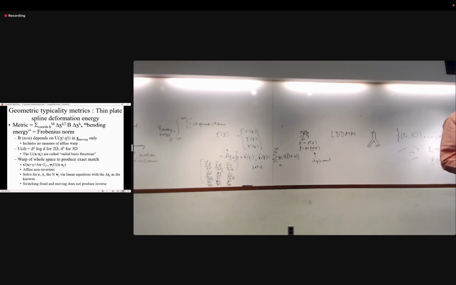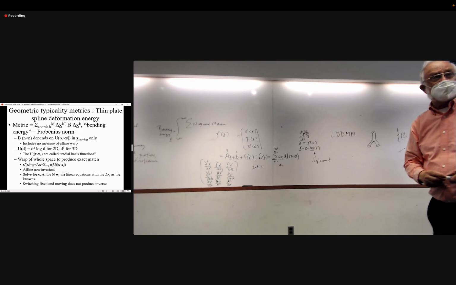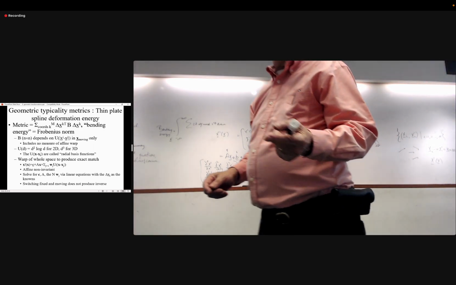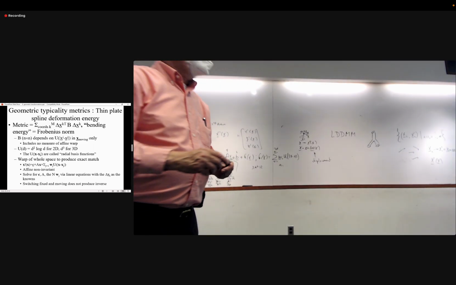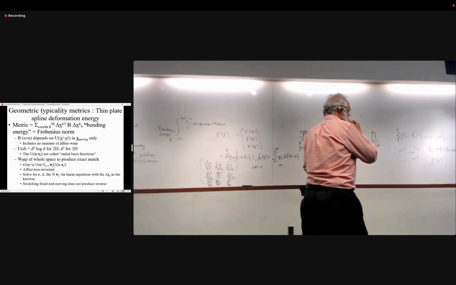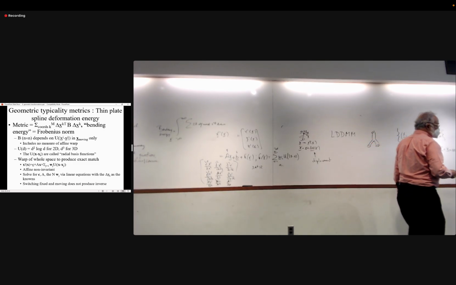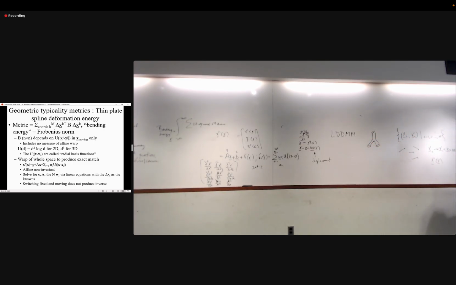And it's not symmetric, meaning if you swap the primes and the x's, you'll get a transformation that is not the inverse of the transformation you get going from the x's to the x primes. But computationally speaking, it's a very, very nice solution.